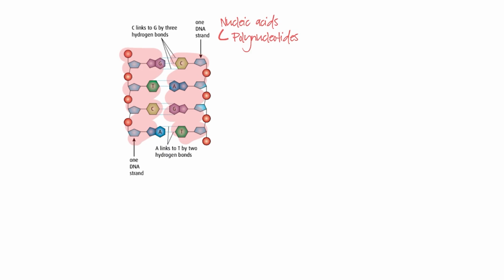As the name suggests, a polynucleotide is going to be a chain of many nucleotides. Poly means many. So if you have many smaller molecules which are called nucleotides together in a chain, that is a polynucleotide.